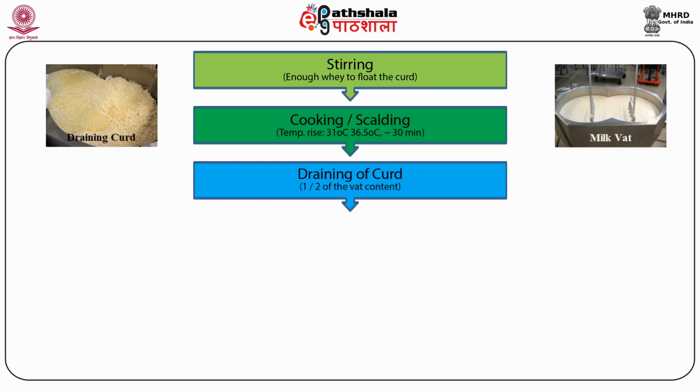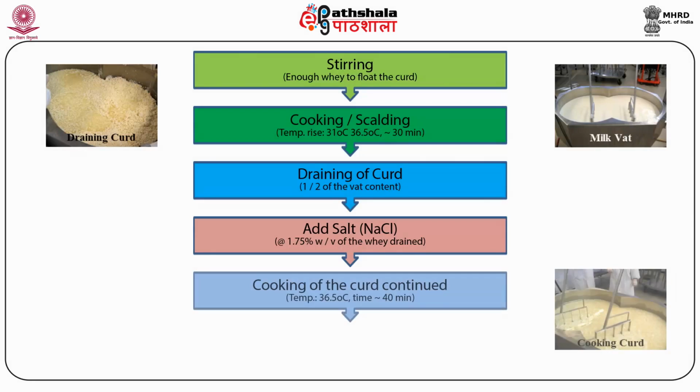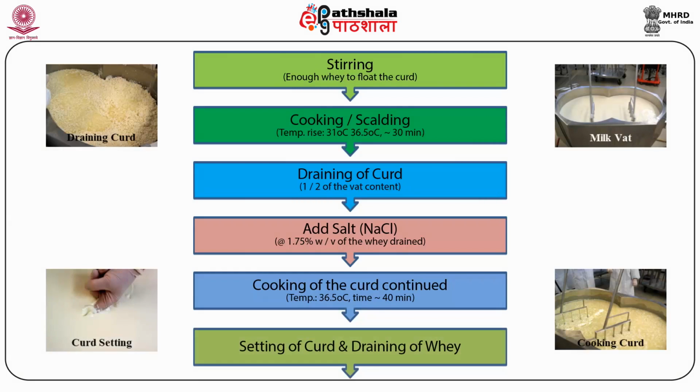In this curd, salt is added to depress the activity of microorganisms. This salted curd is again cooked to take out more of the whey, and this curd is set into molds by draining furthermore whey from it.